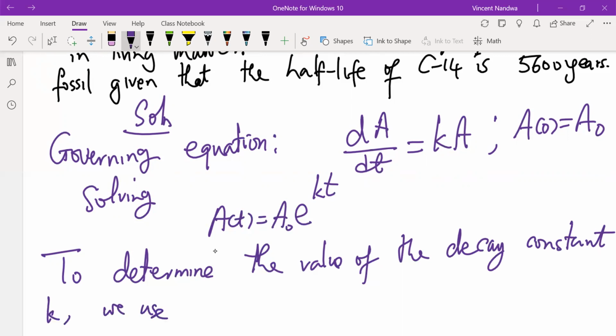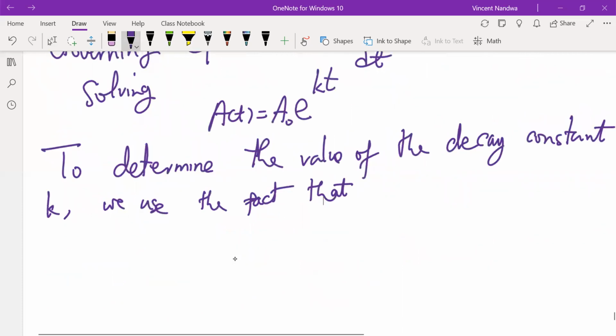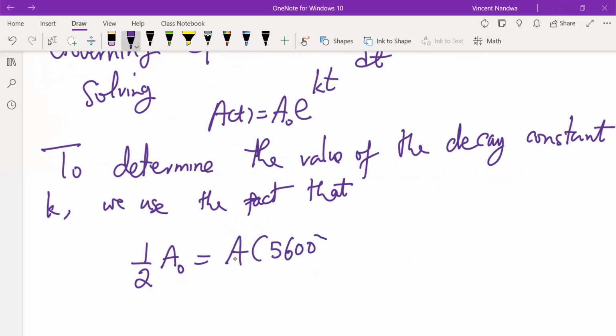we use the fact that a half of the amount is left after 5,600 years, or a half A naught equals A naught e raised power 5,600k.